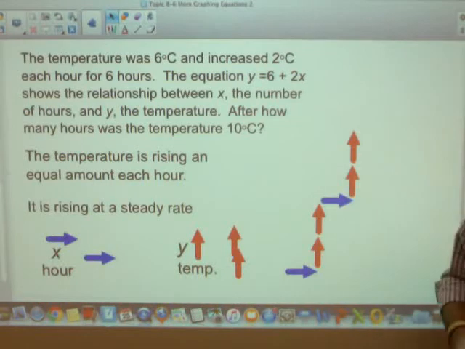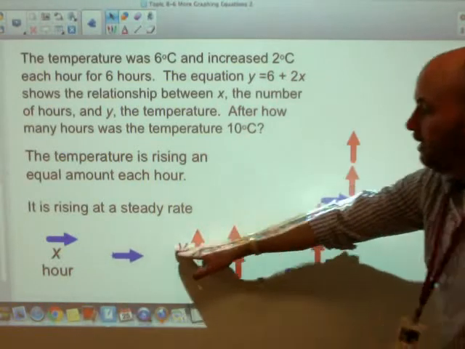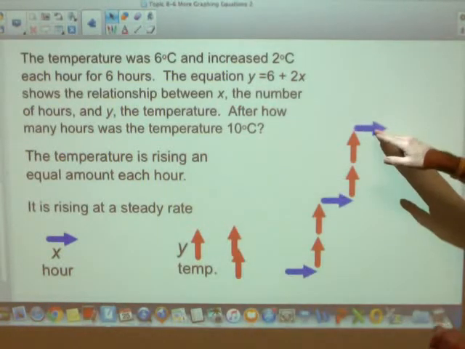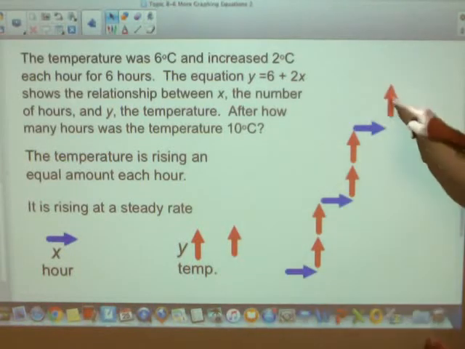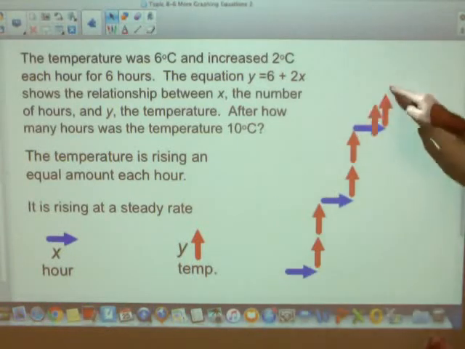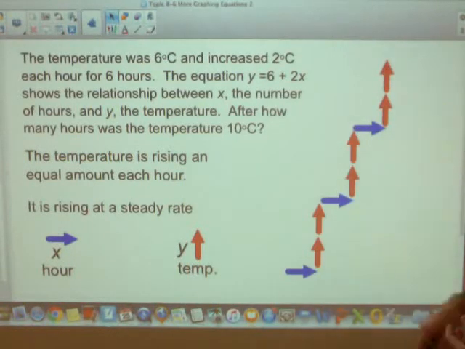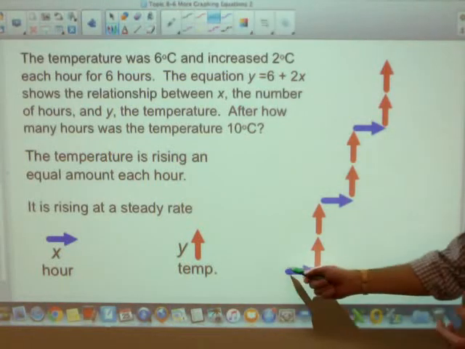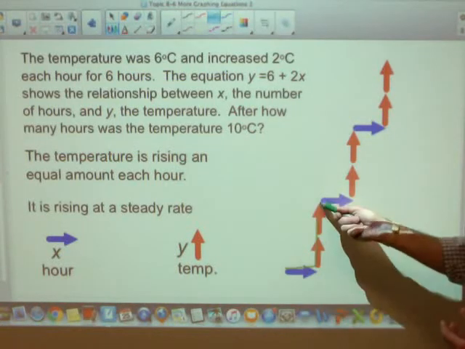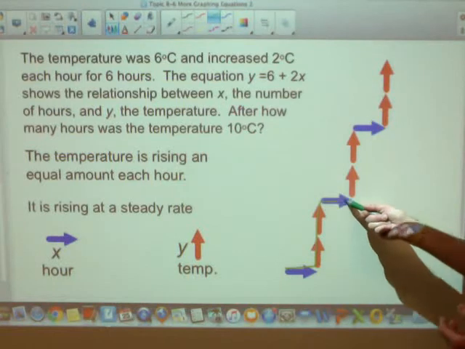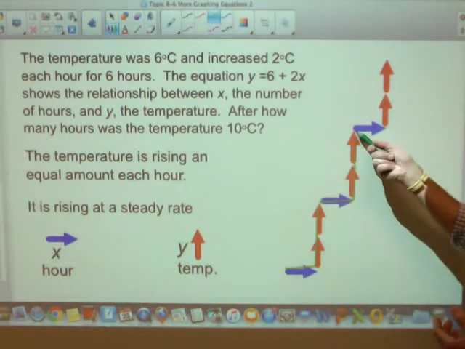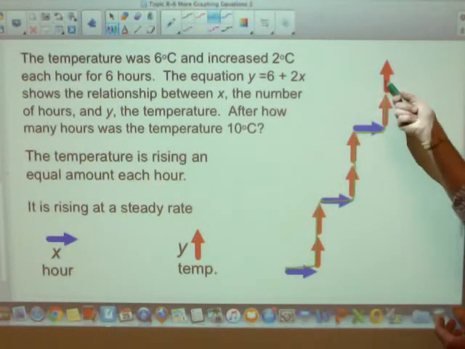Another hour goes by, and the temperature is going to go up, of course, another 2 degrees. So you can see where you have your relationship of over 1, up 2. Hour goes by, temperature goes up 2 degrees. Hour goes by, temperature goes up 2 degrees.